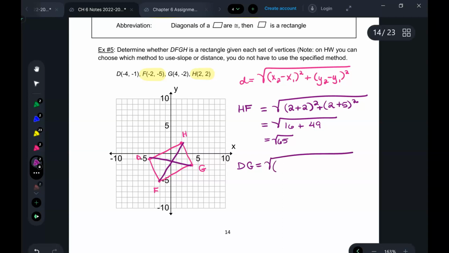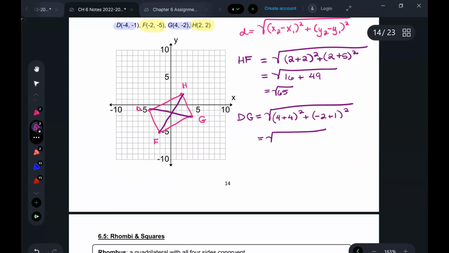Now we want to see if we get the same answer for DG. If it's not the same answer, then it's not a rectangle. I have 4 minus -4, so 4 plus 4 squared, and then -2 minus -1.